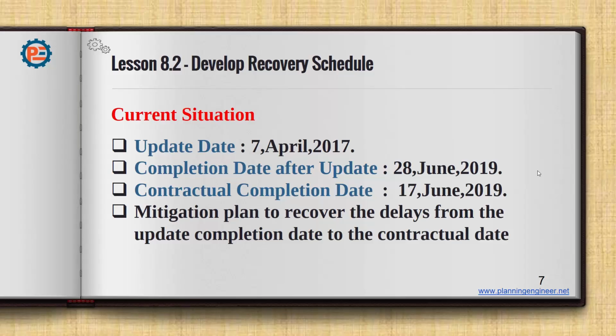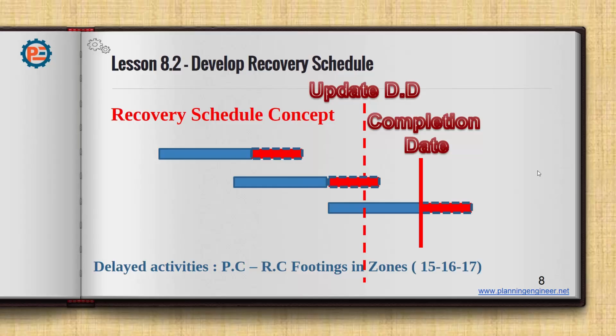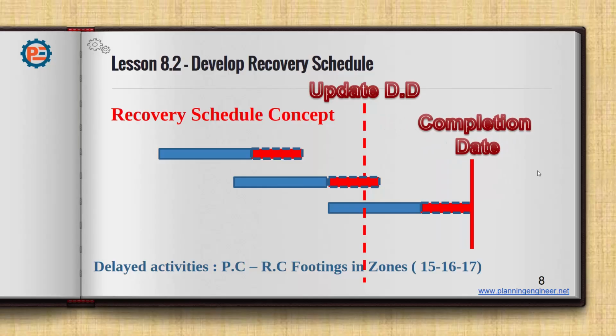How does this happen? In a very simple scenario, this is our baseline. We have here the update, and we find some delays. These delays shifted the completion date to a certain date. What we want to do now is shift back the completion date, so that when we update the recovery schedule using the same data, we show no delays, and this is the main purpose.